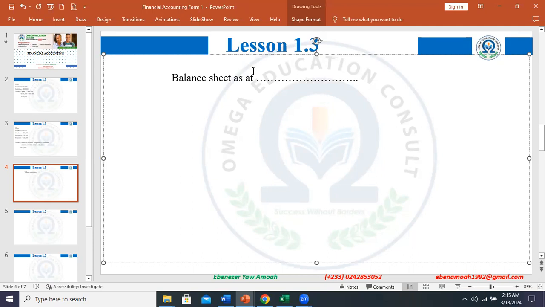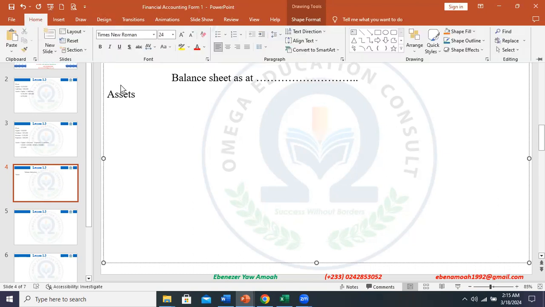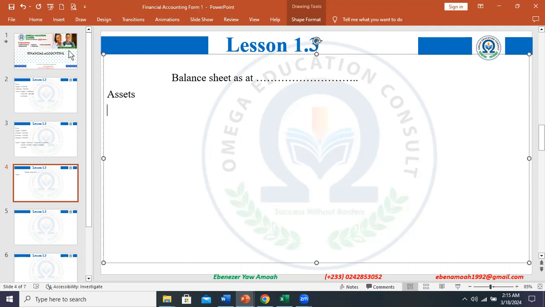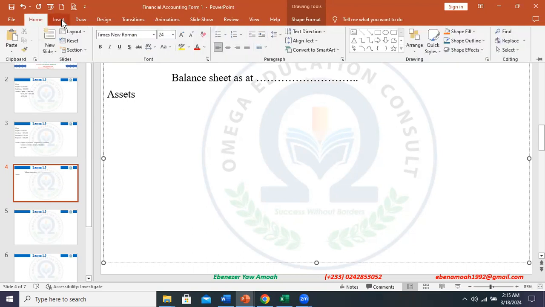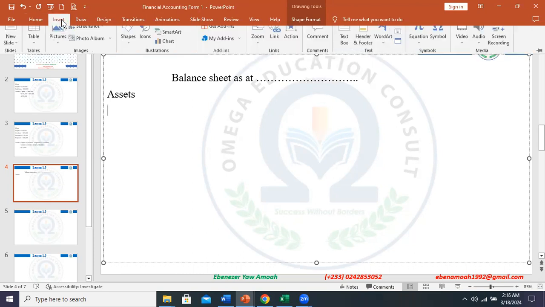And then we want to look at our assets, which we are yet to determine, should be equal to our capital plus liability. So here you can use the horizontal method or the T account method. So let me insert a table here so that we can see how that is going to roll out.